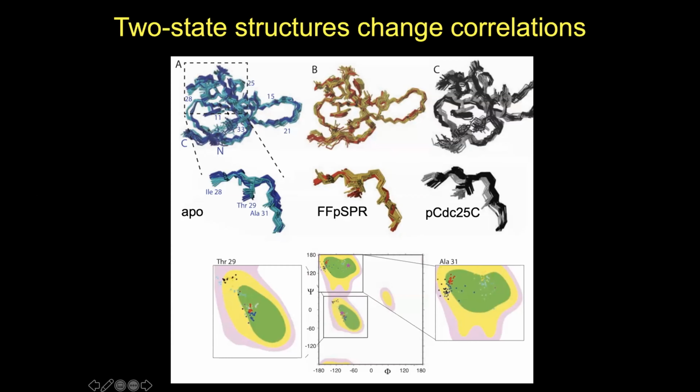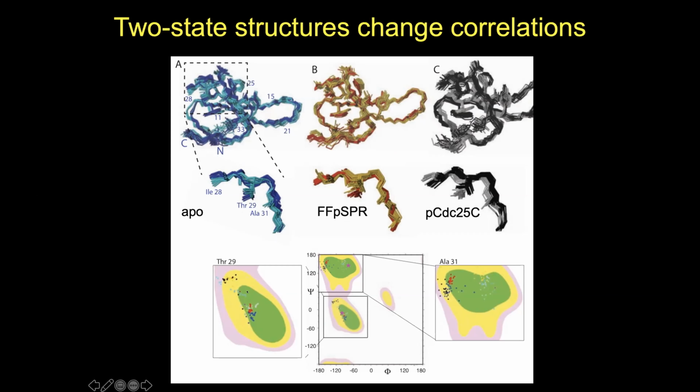And now we focus on the loop which forms the interface with the other domain. And we find something really interesting. If you look at isoleucine 28 here, which is actually the N-terminal part of this loop, we can plot the dihedral angles with the same color. For example, this is residue 29, excuse me, but it's the same as what you would observe for 28.